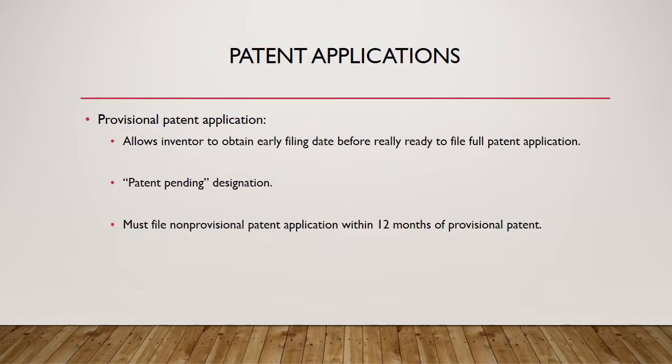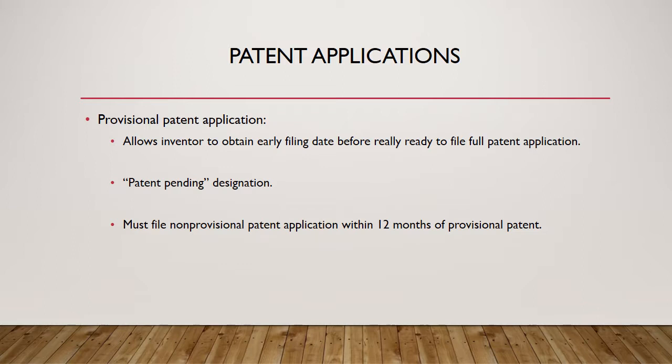So let's talk a little bit about the process that you go through to get a patent. Going back to Shark Tank, there are times where they'll ask, do you have a patent on this? And the entrepreneur's response will be either I've applied for a patent or I have a provisional patent. A provisional patent is really a way in which you file before you're ready.